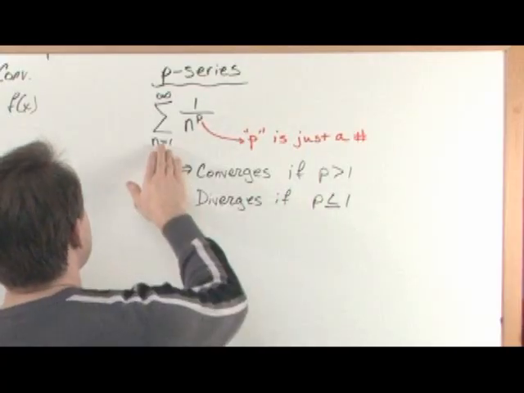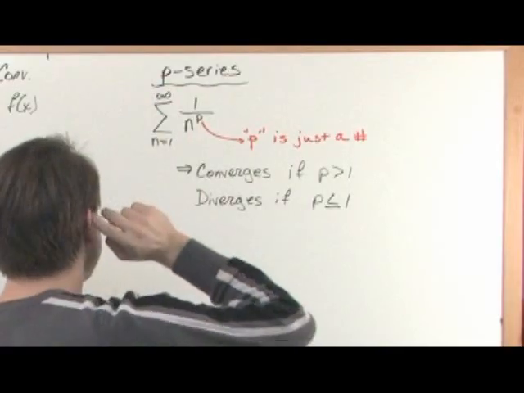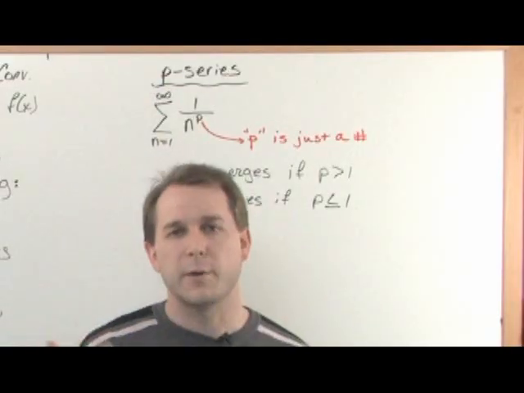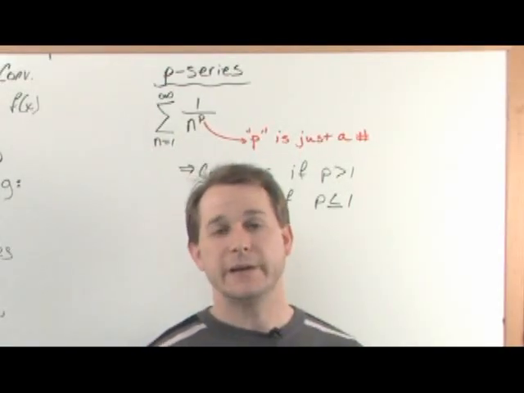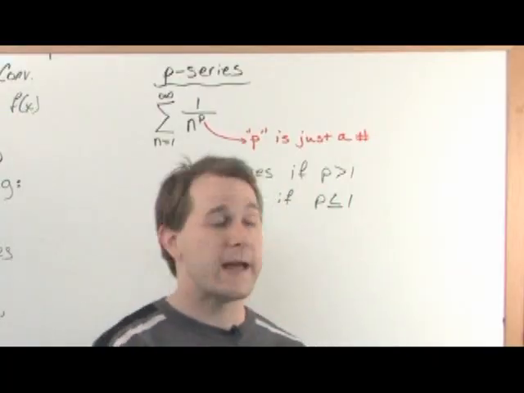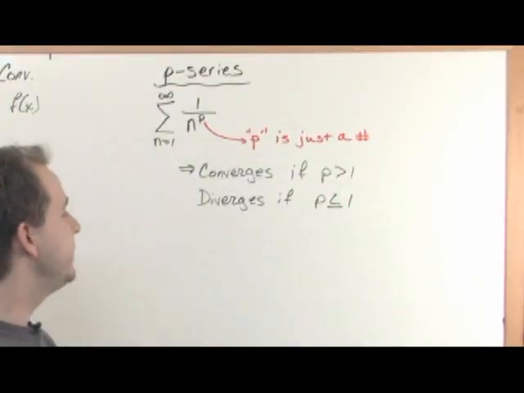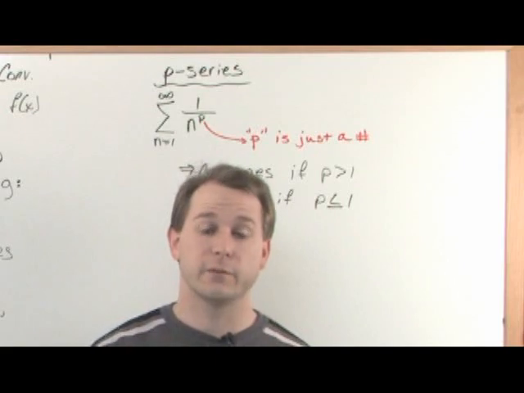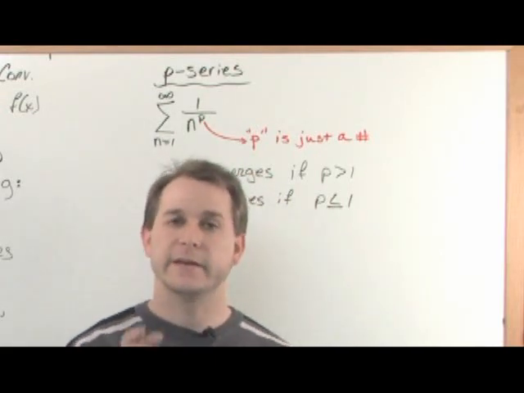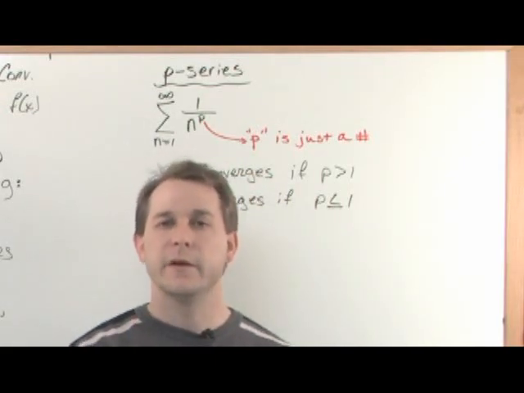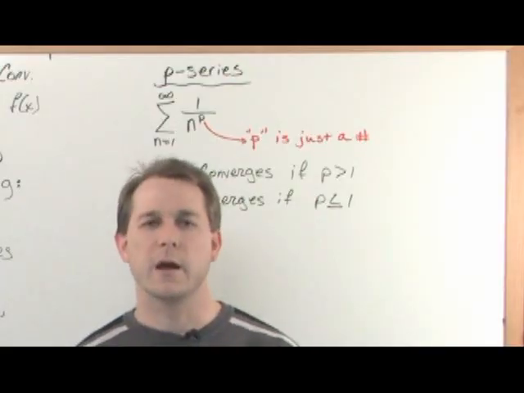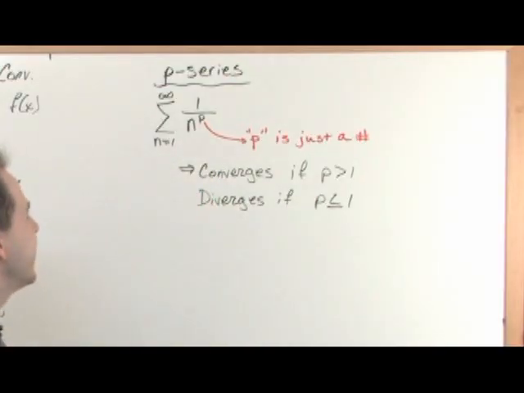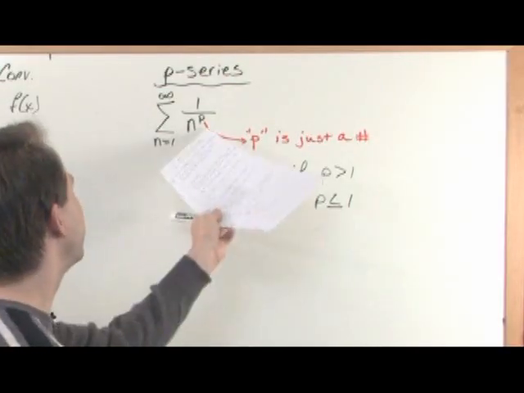So that would mean as the numbers increase in n, the terms are getting smaller and smaller and smaller. For the p-series, you can see right away that the terms are going to decrease towards 0. As n increases, the denominator gets bigger and bigger, so the terms are getting smaller. But how fast they get closer to 0 is totally dependent on p.